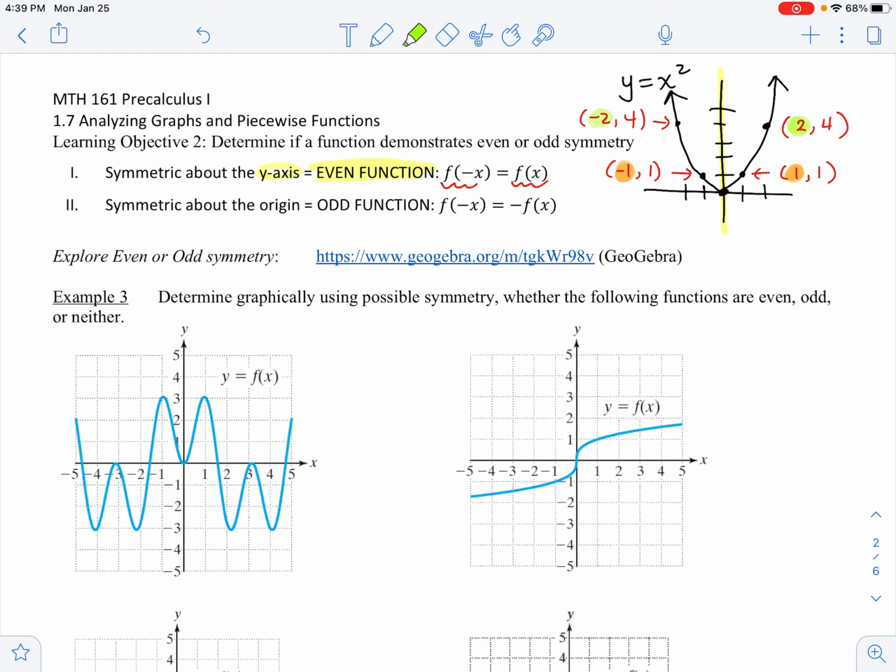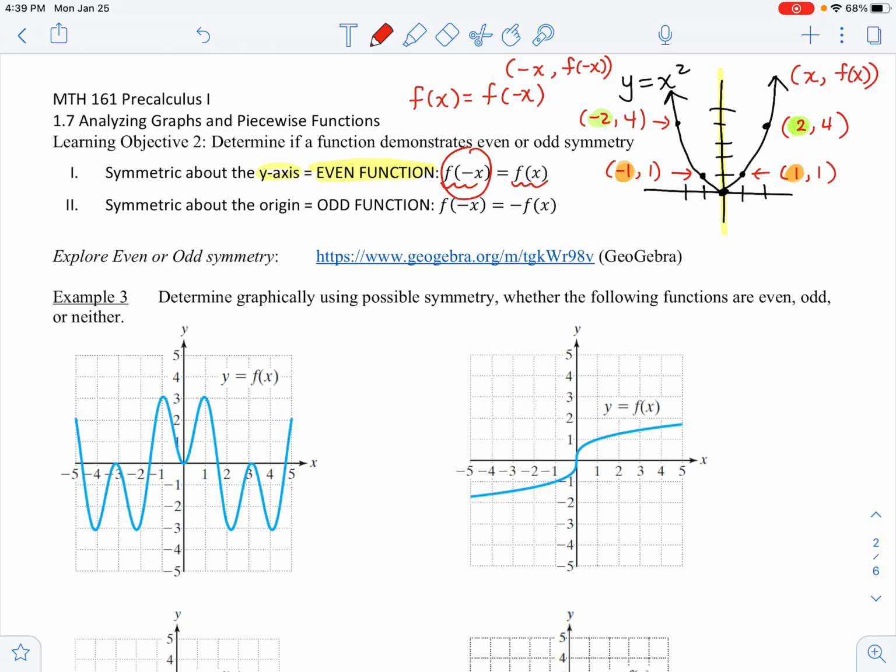So if you plug in an x value and get some f of x, then if it's an even function, you can get that same f of x by plugging in negative x. So if it's an even function, because it is symmetric about the y-axis, f of x equals f of negative x.